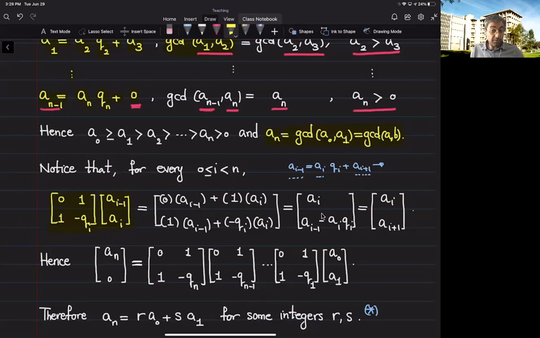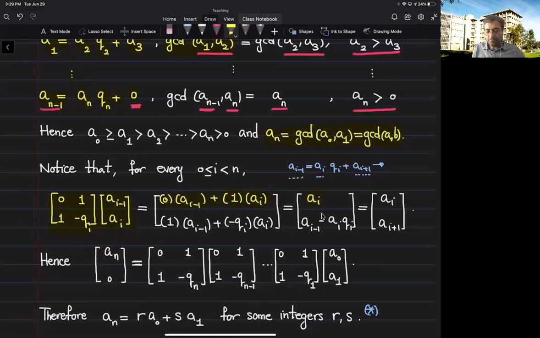I end up getting a column vector. The first entry is 0 times A sub I minus 1 plus 1 times A sub I. I only get A sub I. The first row is a magic of bringing this entry up. So this is just A sub I.